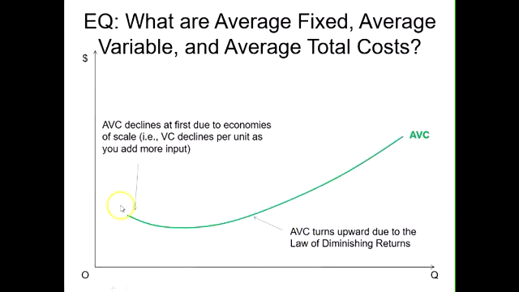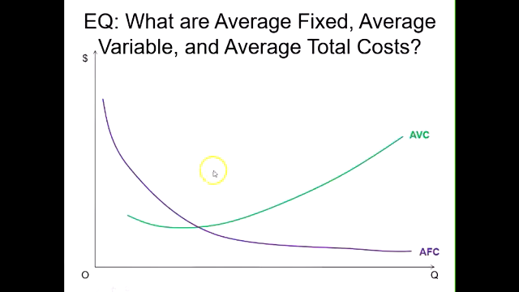So average variable cost starts out going down, but then really starts going up. If we see both of them together here, you can see that average fixed cost tends to decrease as quantity increases, but average variable cost increases as quantity increases.